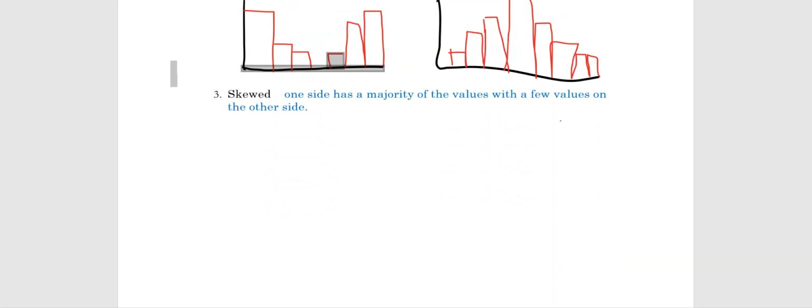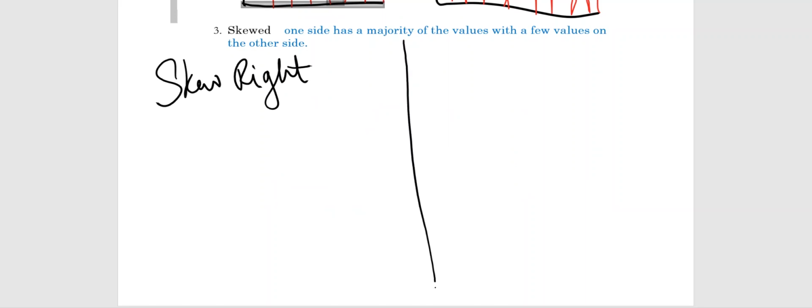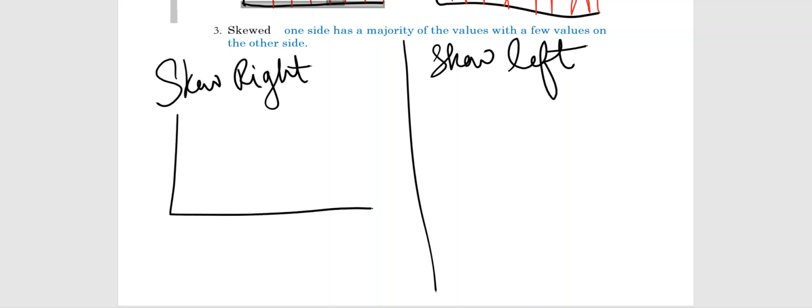Alright, so let's talk about skewed. There are two types of skewed. There's skew right and there's skew left. So how these look is different.